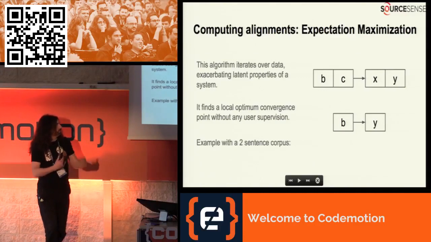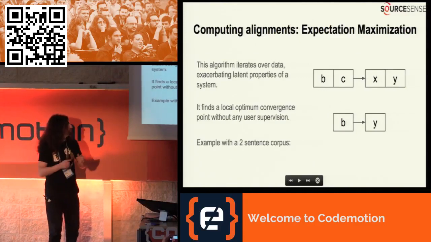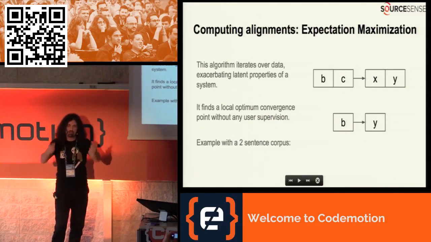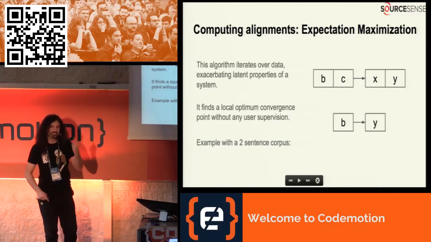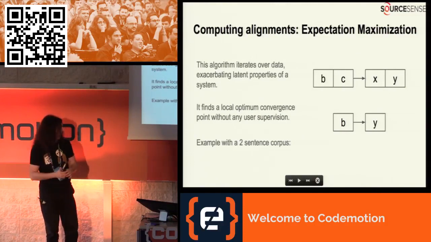Then we use an algorithm called expectation maximization, and this algorithm iterates over the data again and again until convergence. So it stops by itself, and exacerbates latent properties of the system. And it finds a local point of convergence where it says, okay, it's good enough.